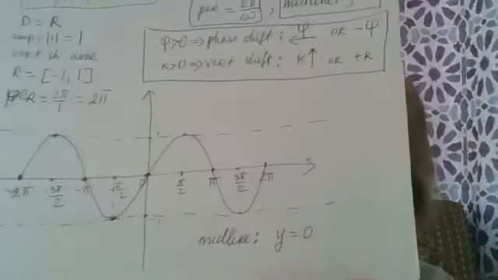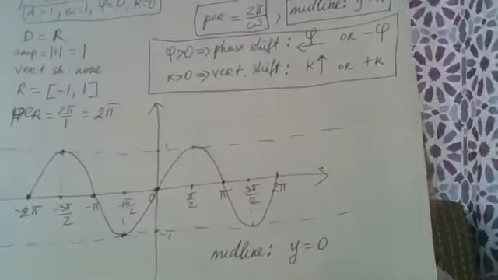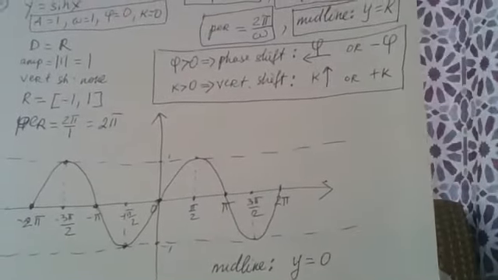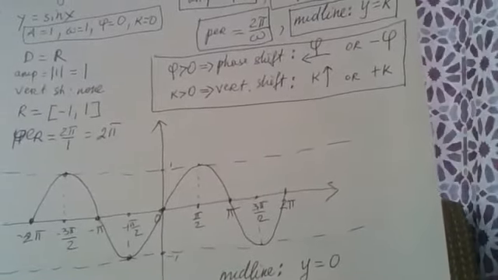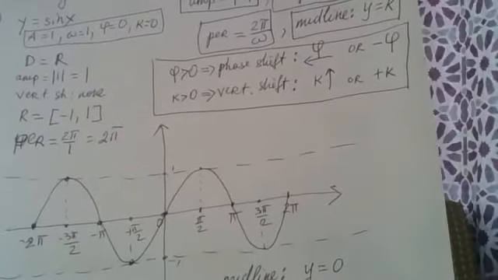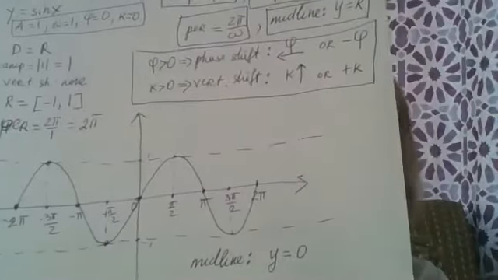Okay. But what is again special about these graphs? Look at the y equals sine graph. Can you see it is running through the origin? Yes. And what happens if all the time A is positive?